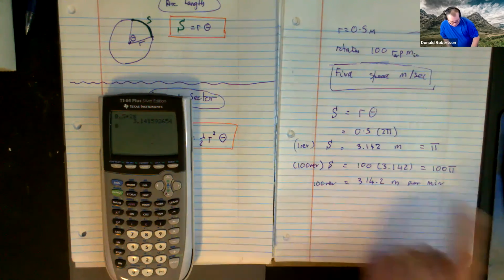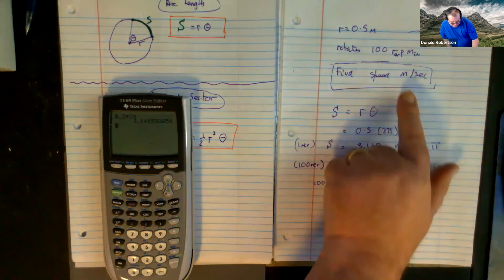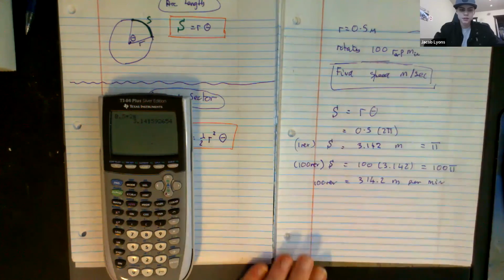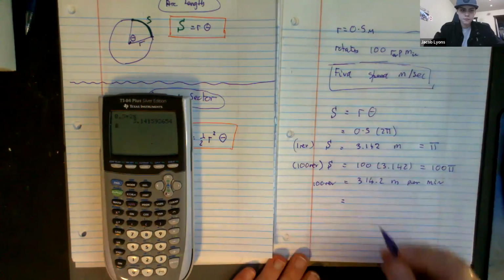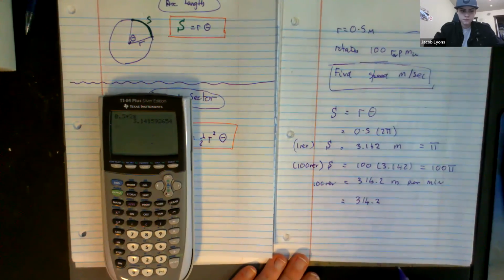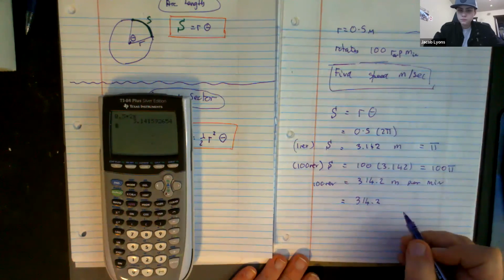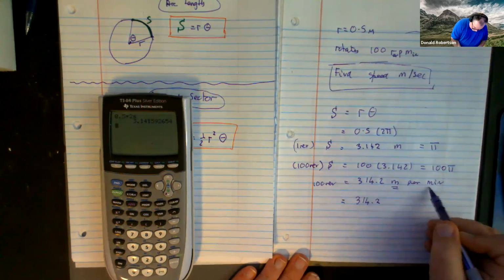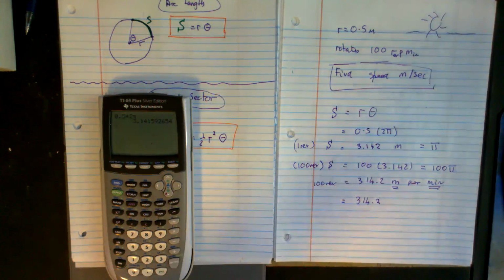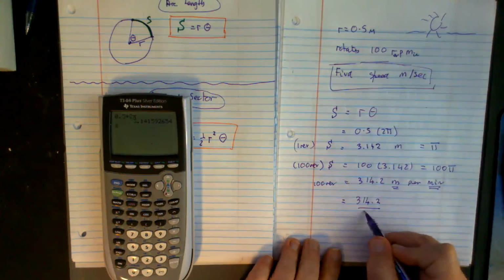So how do I use this number to find out what the meters per second is? This is how many meters it travels in a minute. How will I find it? Multiply it by 60. Is it multiply or divide? Sorry, divide, you're right. Okay.